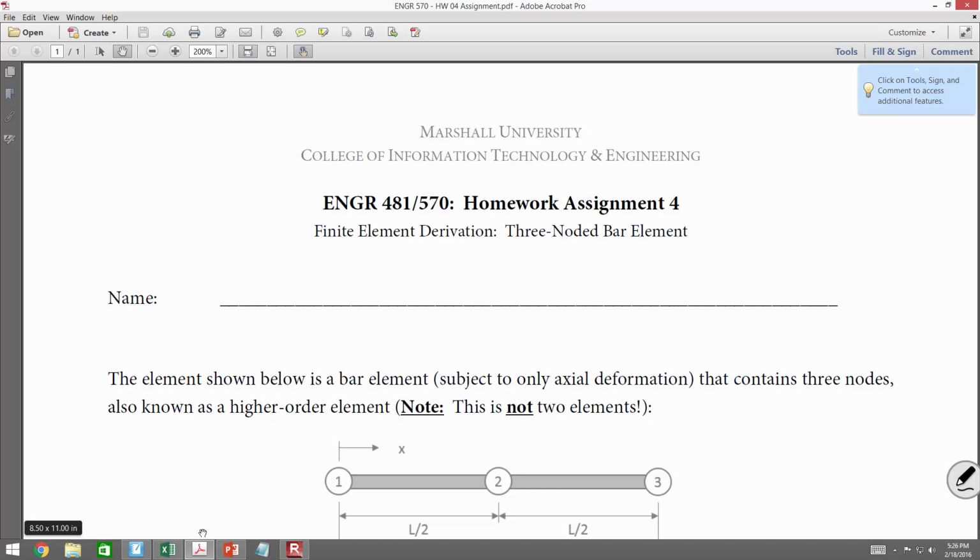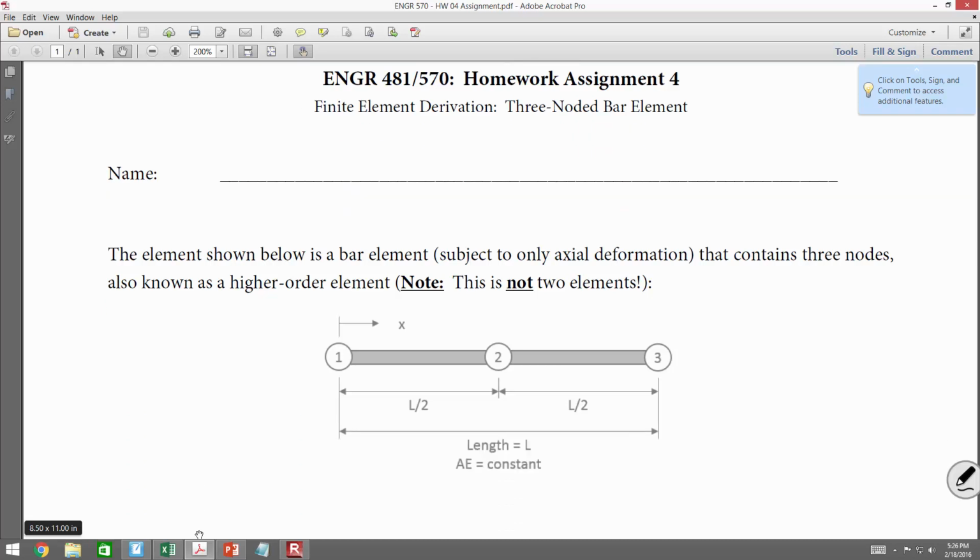To start off, I really want to emphasize so that you all understand what you're looking at. We are looking at a bar element for this problem, but we are not looking at two elements with three nodes. This is a single element, and this single element has been defined with three nodes.